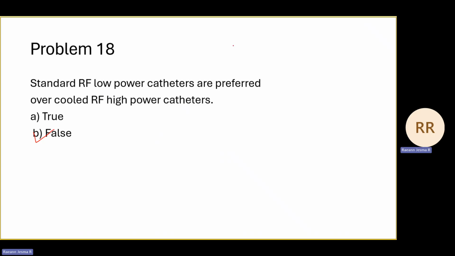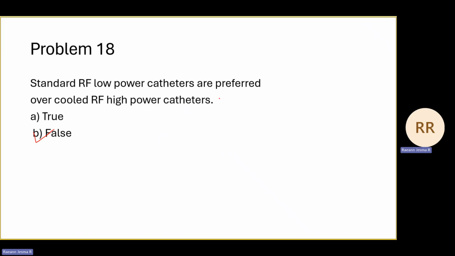What are we doing in the catheter? We are sending current at RF. If the power of the signal that we are sending through the cell is high, then the ablation will happen faster when compared to sending low power, right?